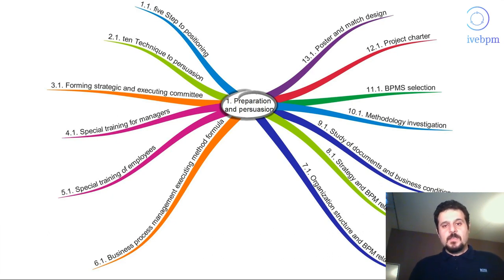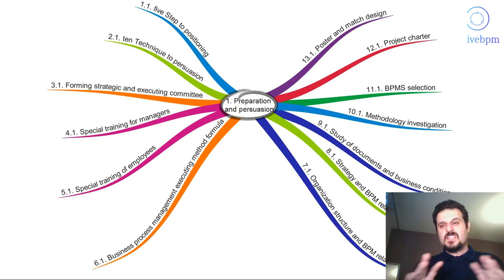For example, if you want to approve your process architecture, you need approval by the steering committee. When you want to identify processes, at that level you need to talk with the executive committee. Okay.